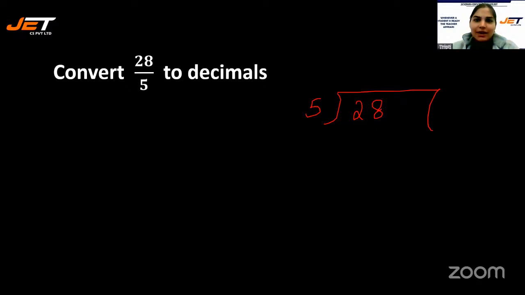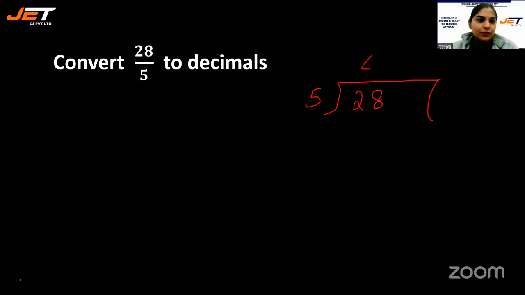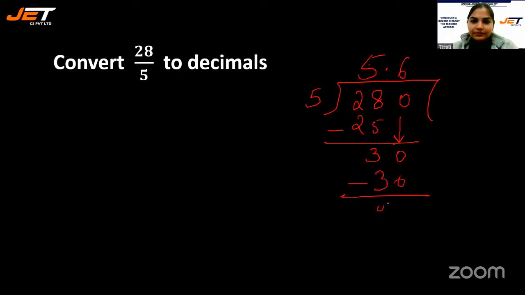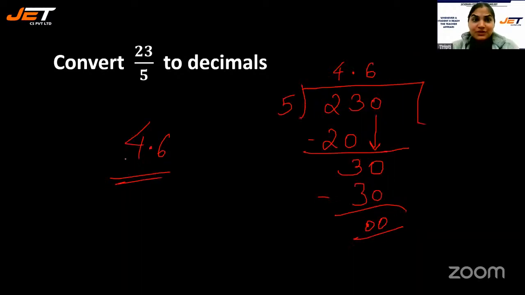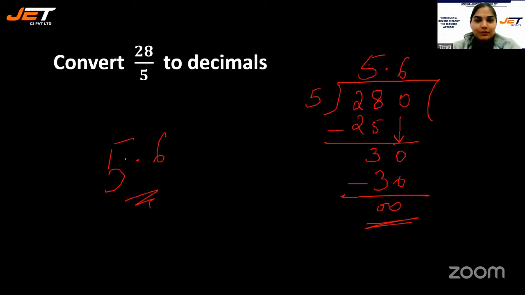Okay, so let's see how to do it. 5 times 4 is 20. 5 times 5 is 25. Okay. 3 here. Putting an extra 0. Putting a decimal here. Bringing it down. 5 times 6 is 30. So the answer here is 5.6. For the previous one, it was 4.6, 23 by 5. This is 5.6, 28 by 5.